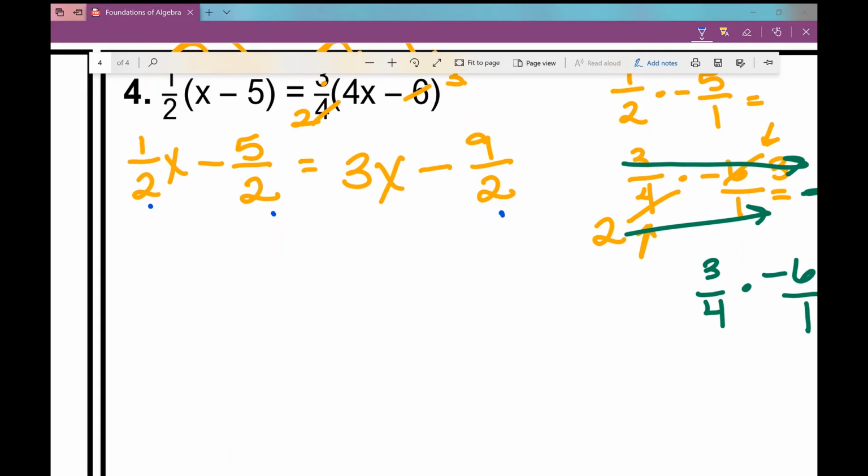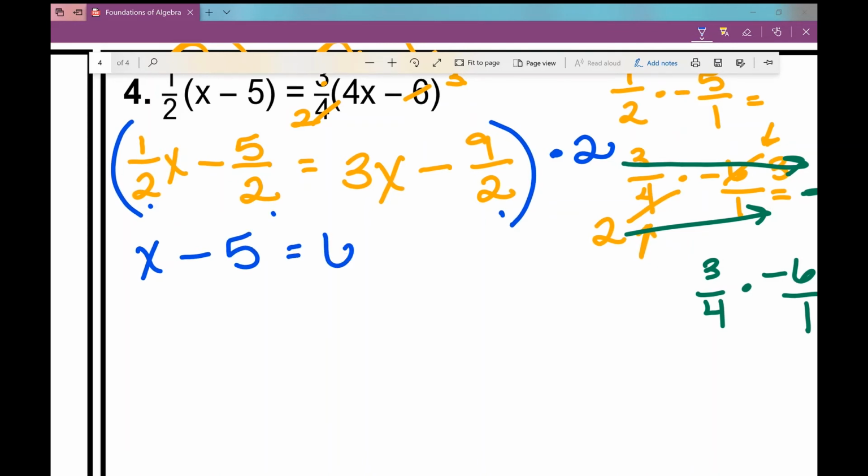Well, if I multiply everything over here on the left side of my equal sign by 2, every term, like if I distribute a 2 into every term, I'll get rid of that denominator. Well, what I do to one side, I have to do to the other. So what I'm going to do is multiply this entire equation, every term in it, by 2. And watch what happens. 1/2 x times 2 is just x. Negative 5 over 2 times 2 is just negative 5.